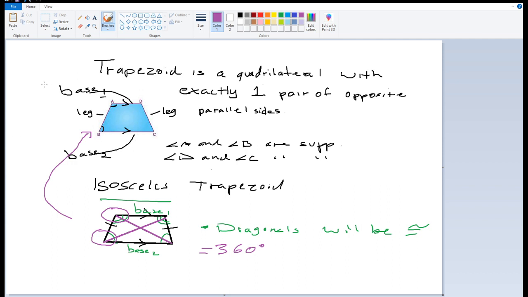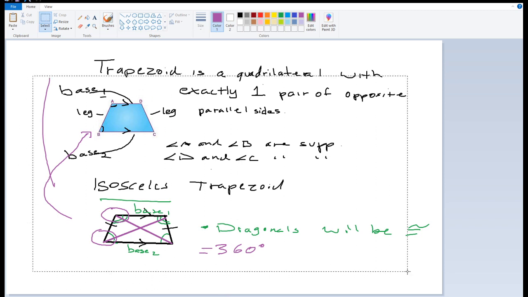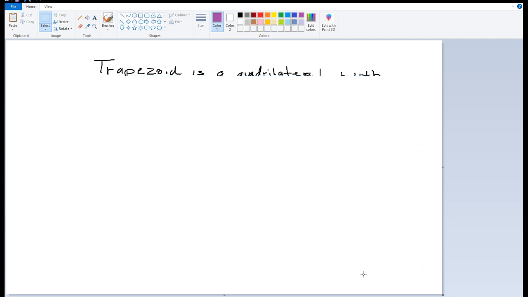And actually there's one more thing I would like to cover with regard to trapezoids. Let me just clear this up a little bit. So let's do what we call the mid-segment of a trapezoid. Let's call this trapezoid ABCD.